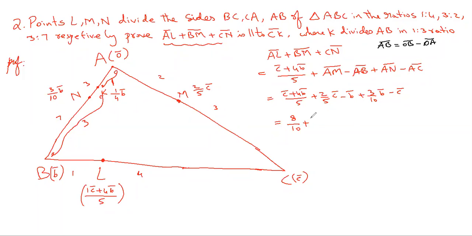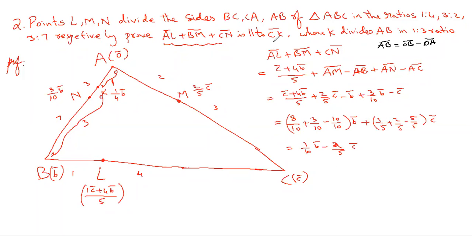So 8 by 10 plus 3 by 10 minus 10 by 10 times B bar. Next, all the C bars: 1 by 5 plus 2 by 5 minus 5 by 5 C bar. If you simplify, this is 11 minus 10, 1 by 10 B bar, and minus 2 by 5 C bar.